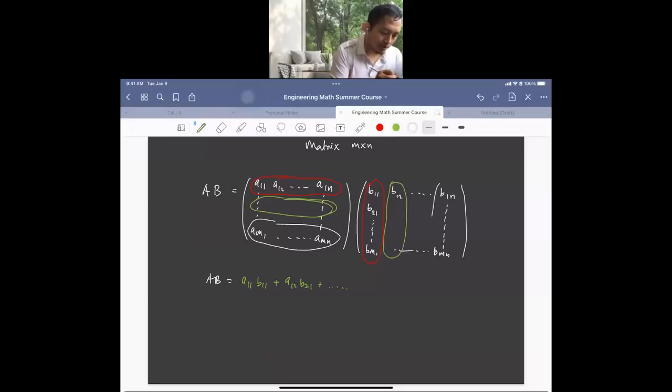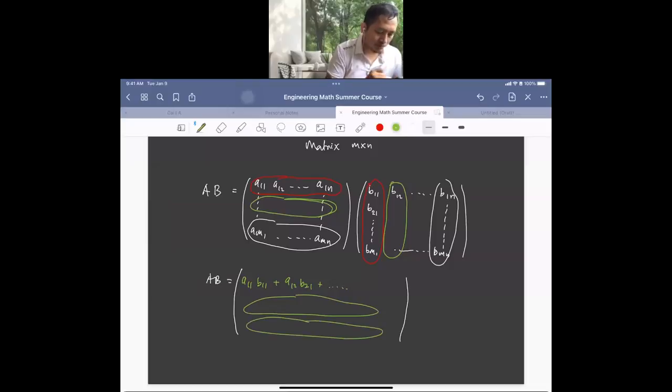Now the matrix will have 3 rows if we have this 1, 2, 3. So this is the second one, and then the third one. But if we have 4 rows, then we will have 4. It depends on the numbers in the matrix.